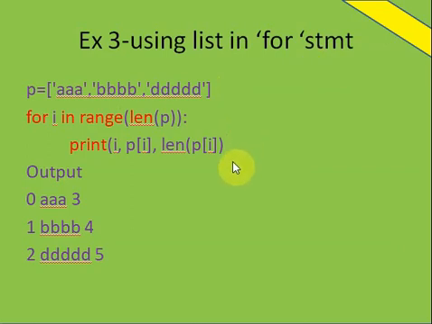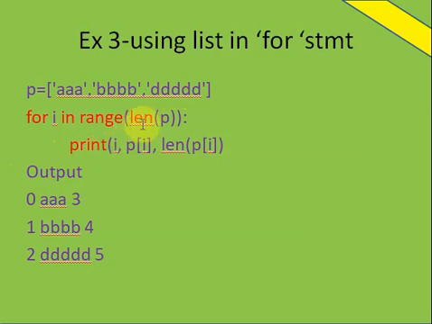This is an example of a for loop where a list is used. P equal to, this is the list stored, and this list P is used in this example. So see the example. For i in range(len(P)): complete with a colon. This indent is used to start the for loop and then the print statement is used.